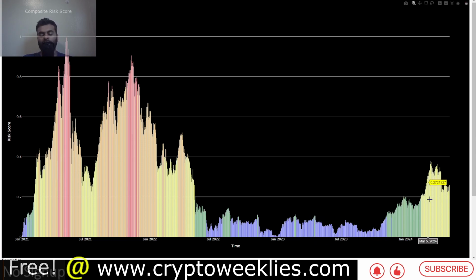The idea is that when the crypto market is in lowest risk territory, that's when the returns are higher. This is not just about risk but the risk-return trade-off, which is more favorable in the blue phases, whereas in the red phases the returns are also capped and the risk is higher.